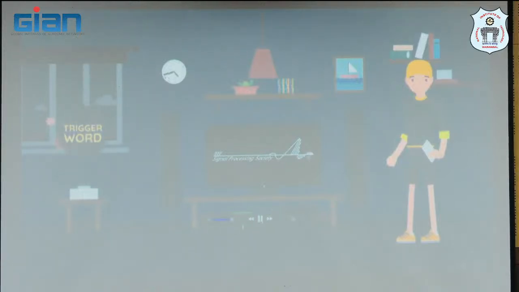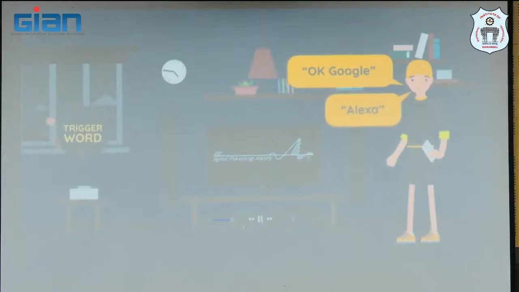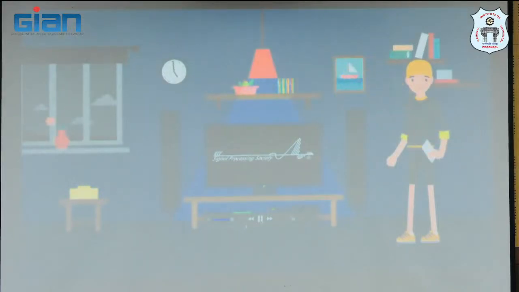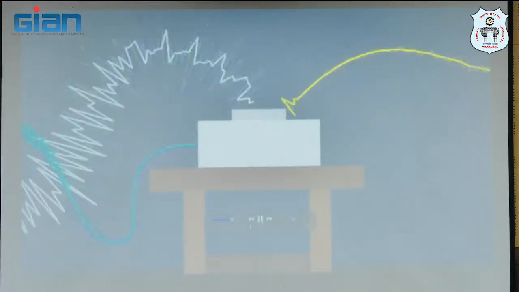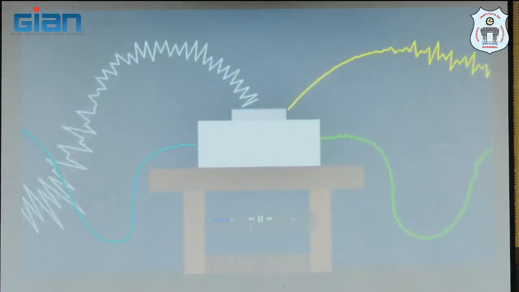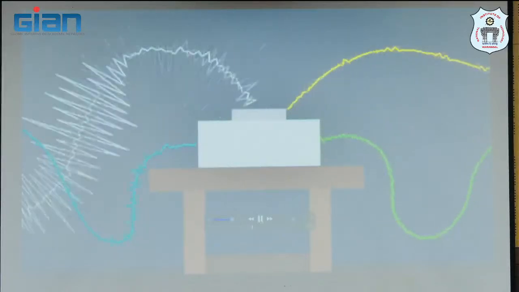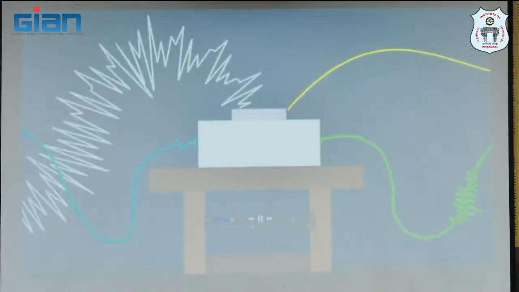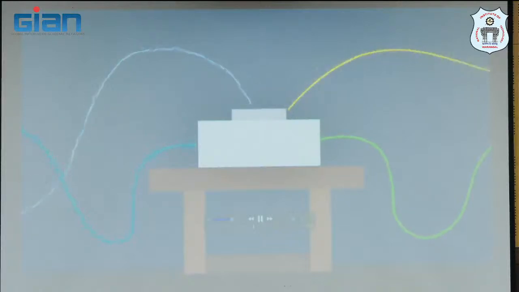Utilizing a trigger word like OK Google or Alexa activates the Home Assistant to recognize a command or question. Once the device is active, it sends all following speech and sound streams to data servers that process the request. The wide variety of conflicting noise results in extremely complex sound waves, making it more difficult for the Home Assistant to understand, process, and respond to commands embedded within.